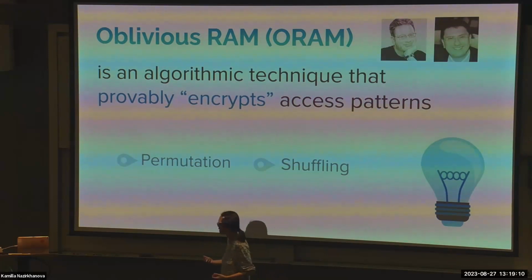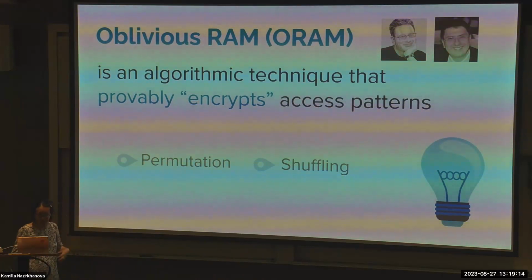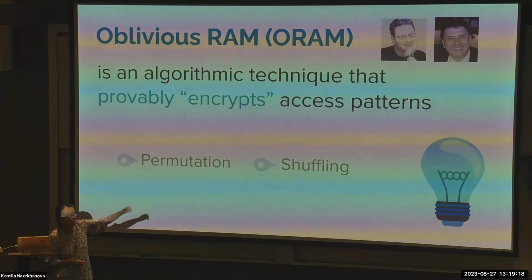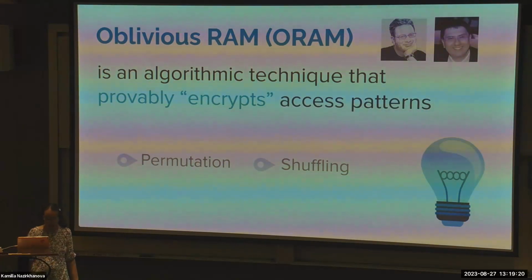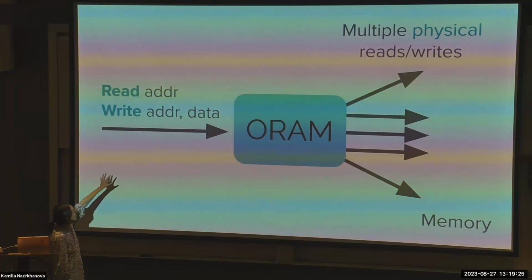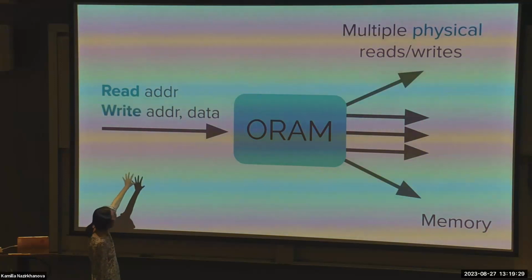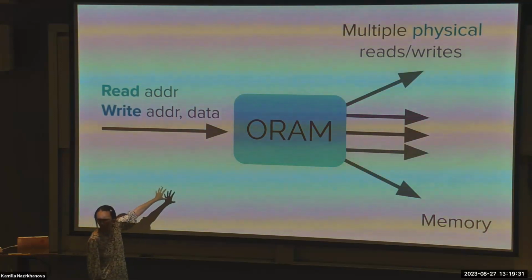So this may seem like it's magical, but I'll quickly tell you how these algorithms work a little bit. ORAM was first proposed by Goldreich and Ostrovsky back in the 1980s. So here's what ORAM does. Let's say I want to read some logical address or write some logical address.